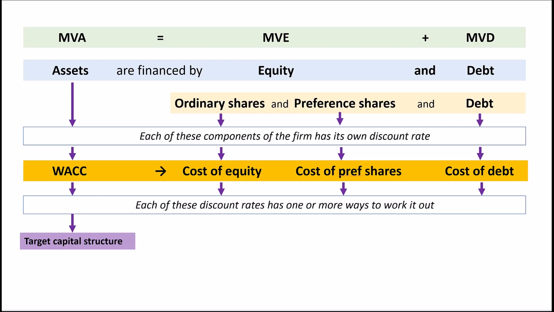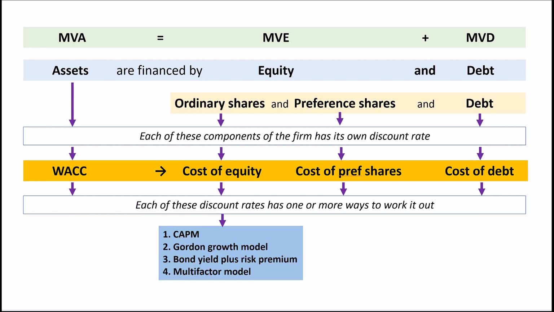Looking now in slightly more detail at each of the component costs, we start with the cost of ordinary equity. There are a number of methods for determining this. The most commonly applied approach is the well-known capital asset pricing model, or CAPM. This specifies the cost of equity as a risk-free rate plus a risk premium, which is calculated using a factor called beta, as well as the expected return on the market as a whole.